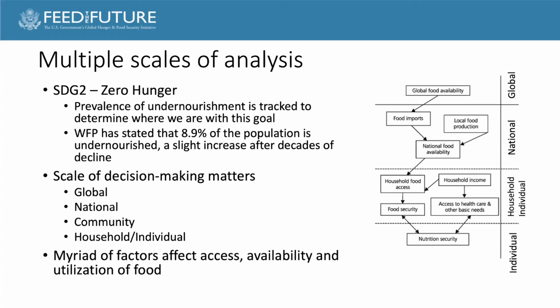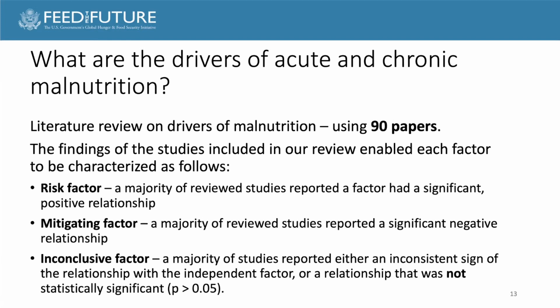So a myriad of factors affect the access, availability, and utilization, and they can be measured at multiple scales. So all of these need to be brought into account when looking at food security. So finally, I'm going to talk very briefly about what are the drivers of acute and chronic malnutrition.